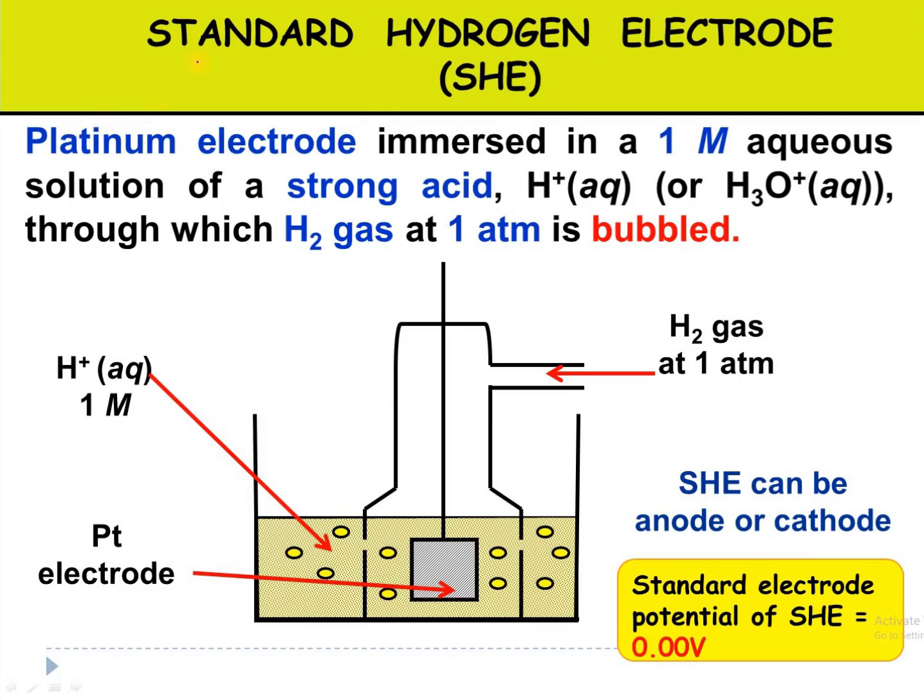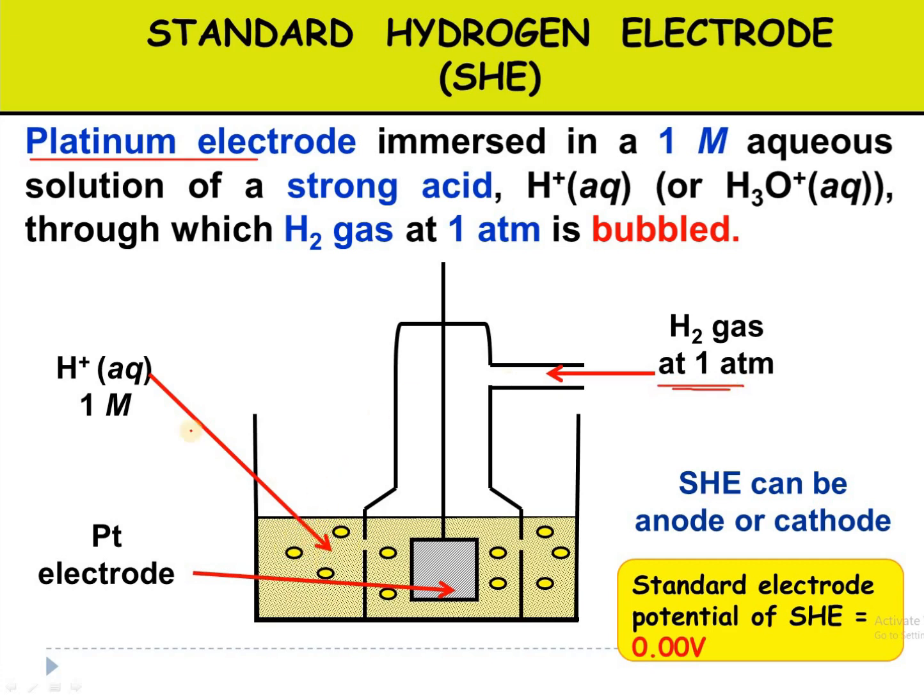This is the diagram for the standard hydrogen electrode, SHE. For SHE, a platinum electrode must be immersed in a 1 molar aqueous solution of strong acid, with hydrogen gas at a pressure of 1 atm. So students must remember the hydrogen pressure is 1 atm.